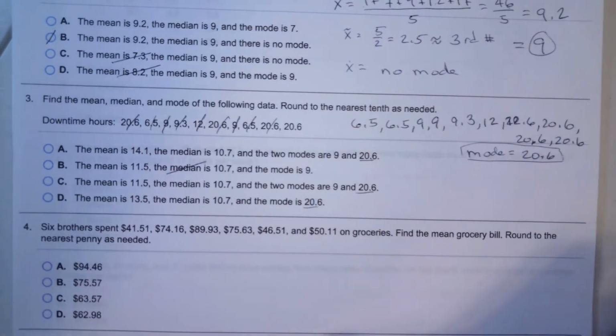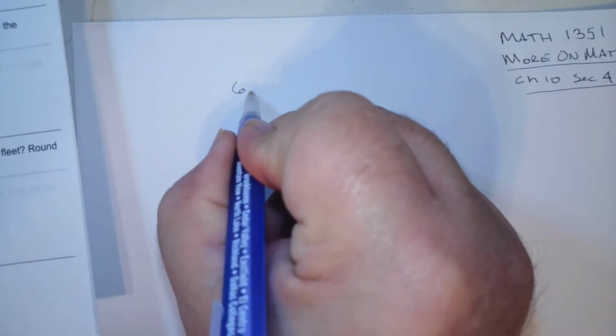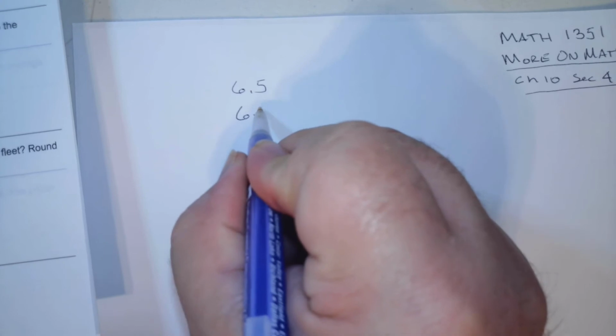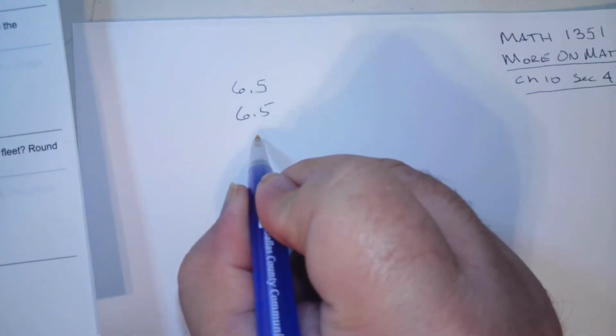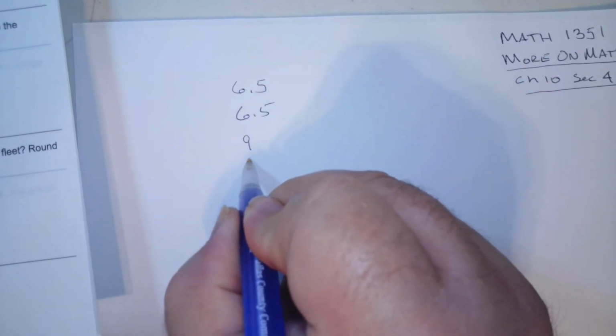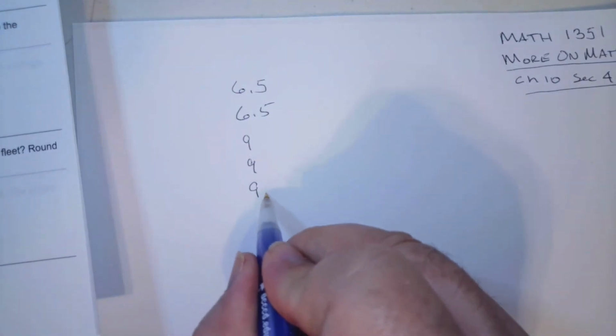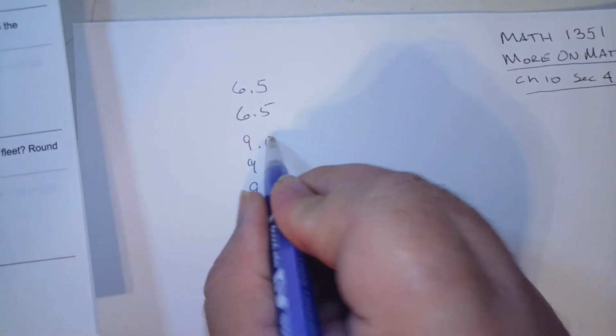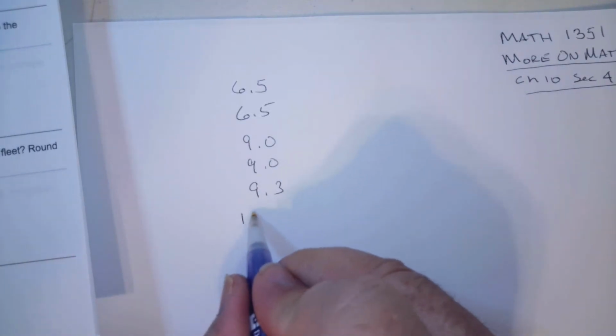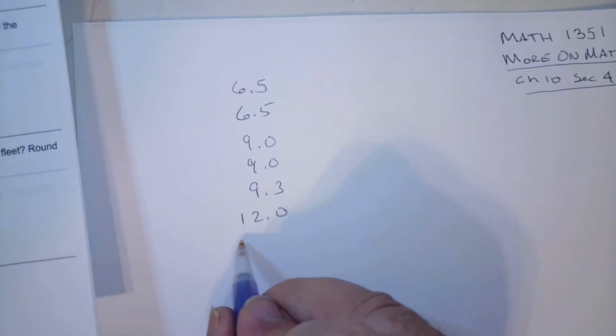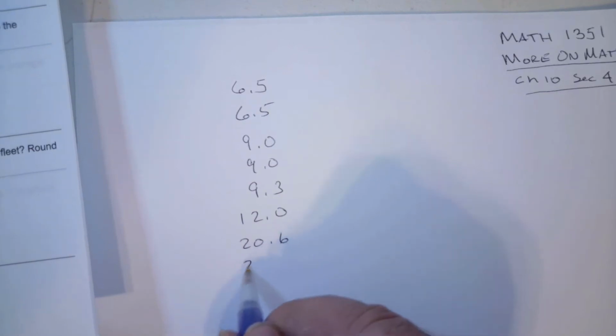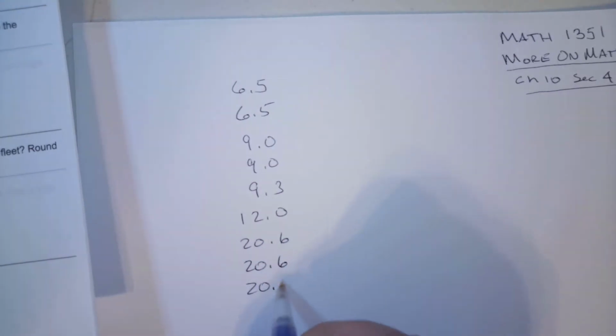Let's look at the mean. What we have to do here is add the numbers. 6.5, 6.5, 9, 9, 9.3, 12, 20.6, 20.6, 20.6, 20.6.